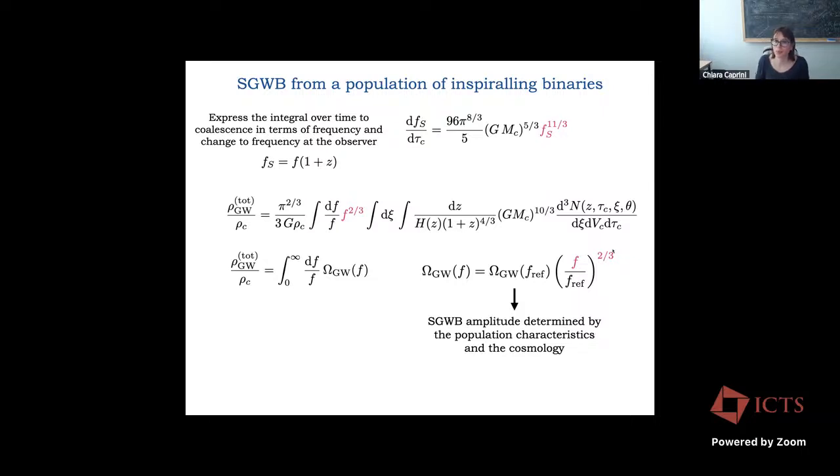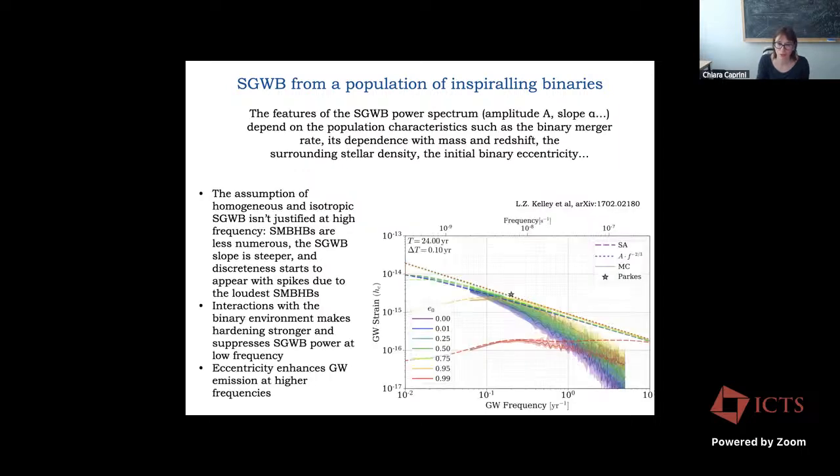When you make it more realistic, you observe that yes, it's okay to assume that it is f to the minus 2/3 at low frequency if most of the binaries are circular, but certainly at high frequency there are changes.